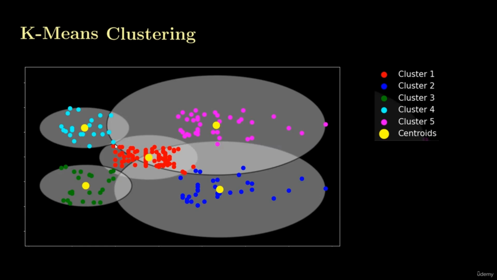Now we can see that this blue point is at the border of 3 clusters: this big cluster, this small cluster, and this small cluster. So this light blue point has a membership of 3 clusters. But k-means clustering will not address this problem, and it assigns this blue point to this cluster.